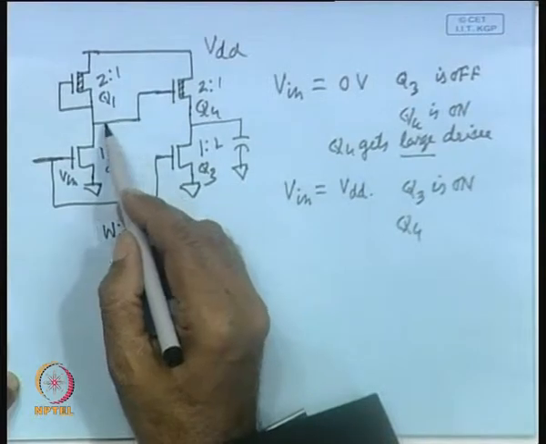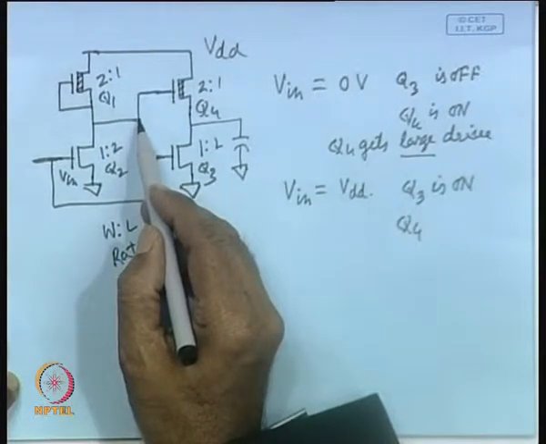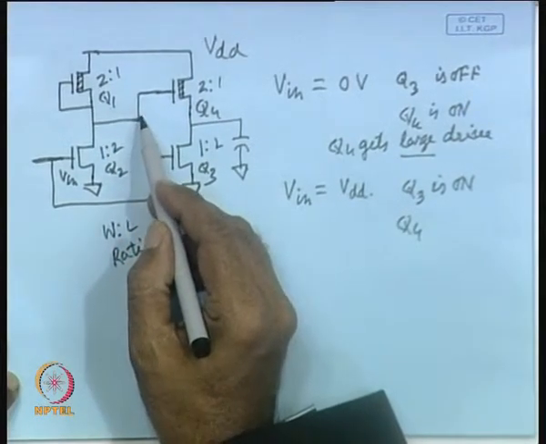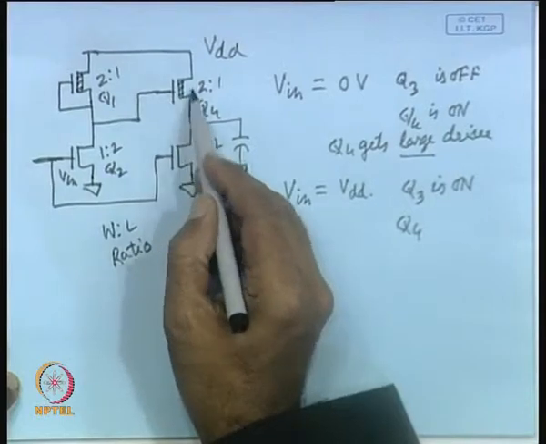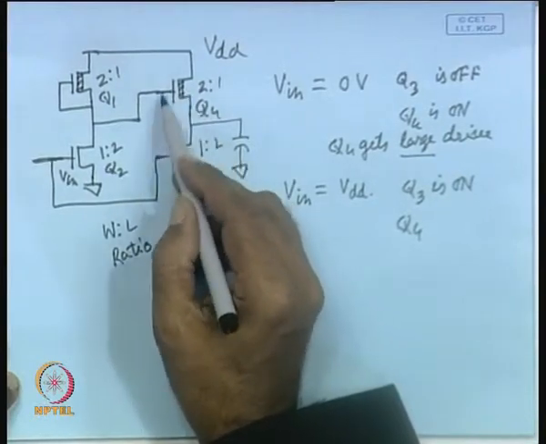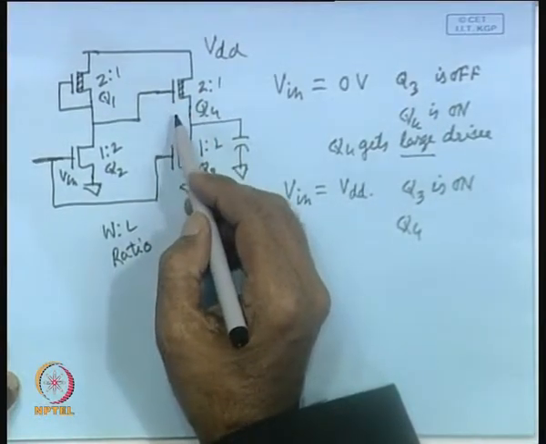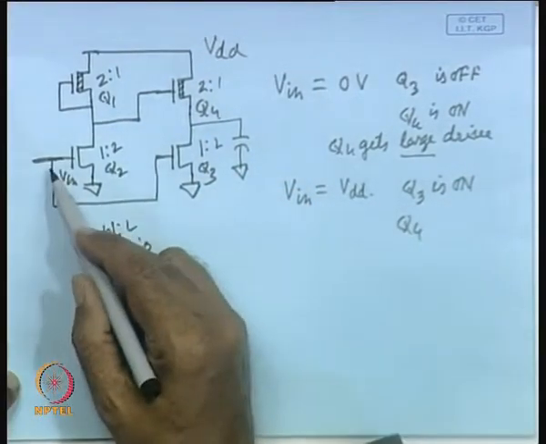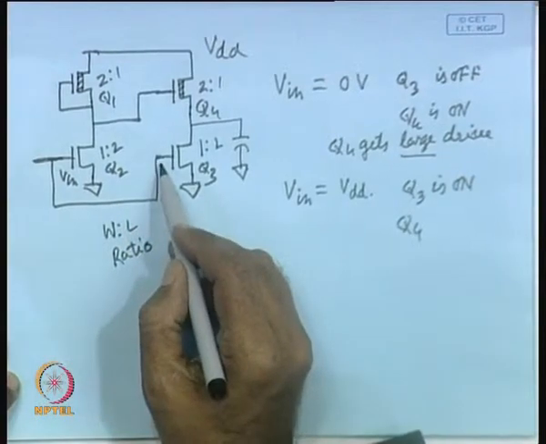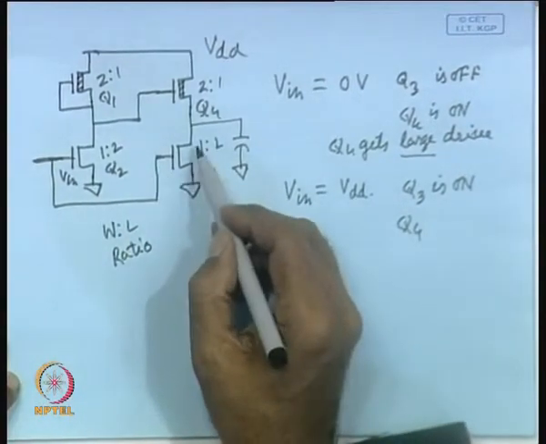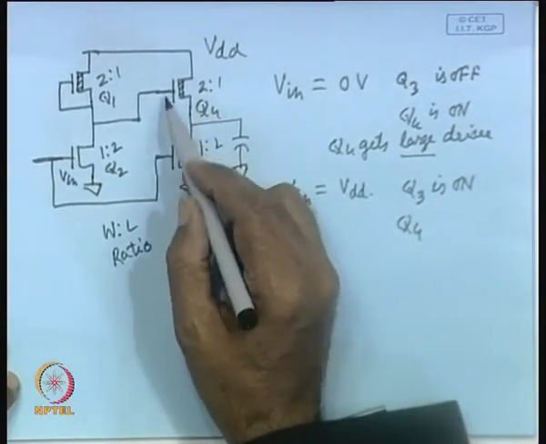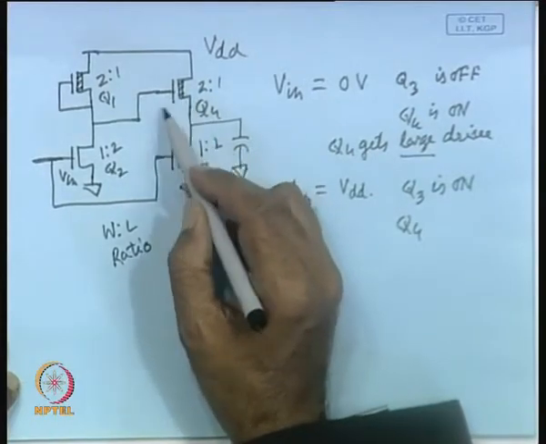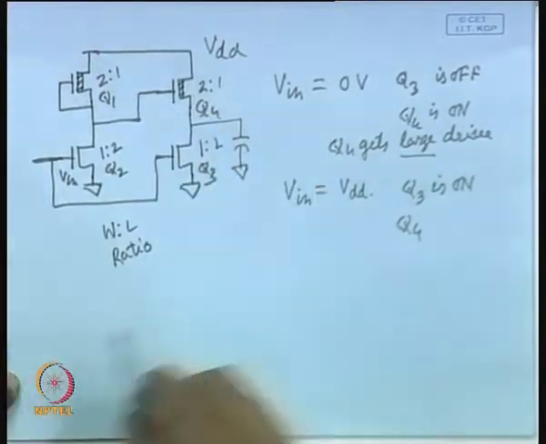It will generate an output which is equal to 0. Whenever you are applying 0 volt here, this transistor will turn off, because with respect to this, this transistor is on. As a consequence, Q4 will turn off.